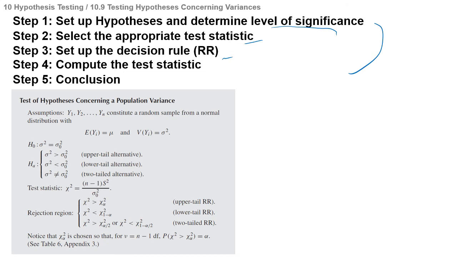So if you are doing some hypothesis testing, think this way. And for a test of hypothesis concerning population variance, your test statistic in step 2 is the chi-square distribution that you are going to use, and the rejection regions are described here, and that's it.